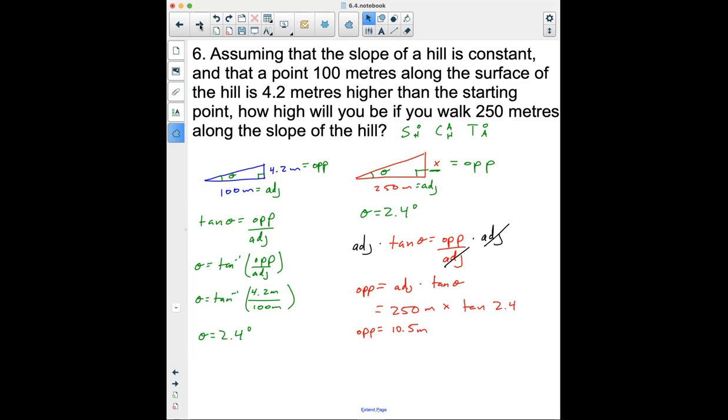So hopefully if you decided to solve it how we've been doing it previously, you get a similar answer. Now let's answer this question with a statement because it's a word problem.